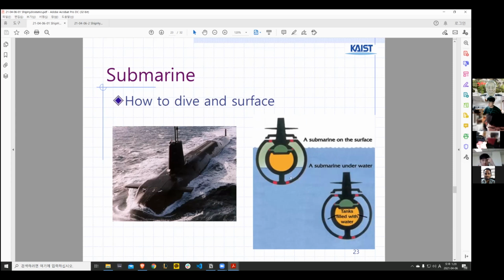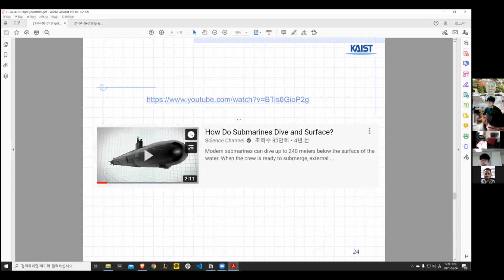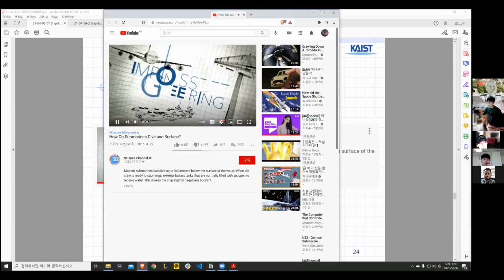If you change the water and air, you can make it higher or lower, so you can be neutral, or you can go down, or you can go up. This video shows how the submarine works well, so you can check.